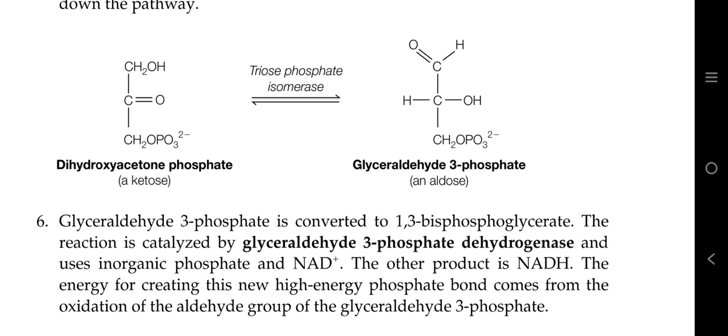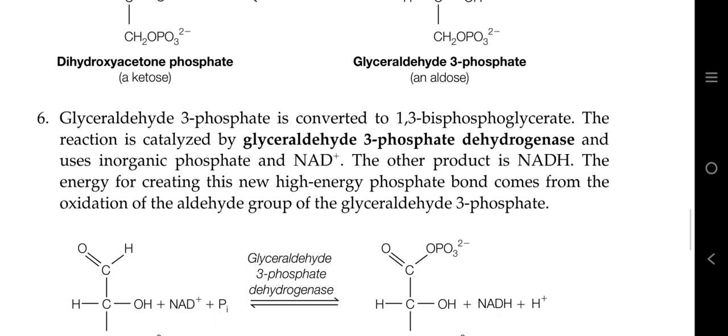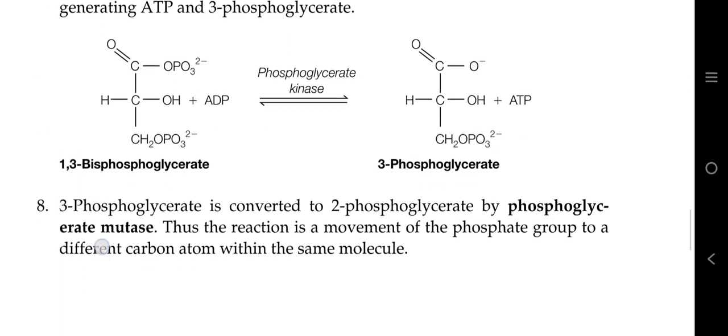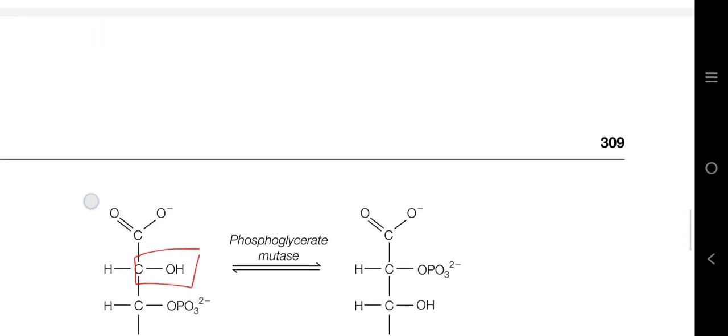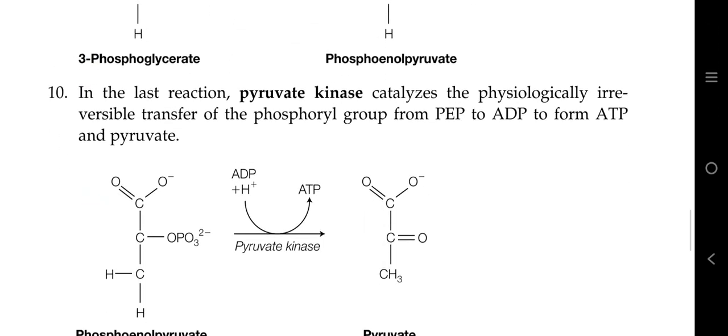But also remember that 2 ATP molecules were utilized in the preparatory stage of this pathway. So the net ATP produced after glycolysis is 2 ATP molecules, and those 2 ATP molecules are going to be used as energy molecules.